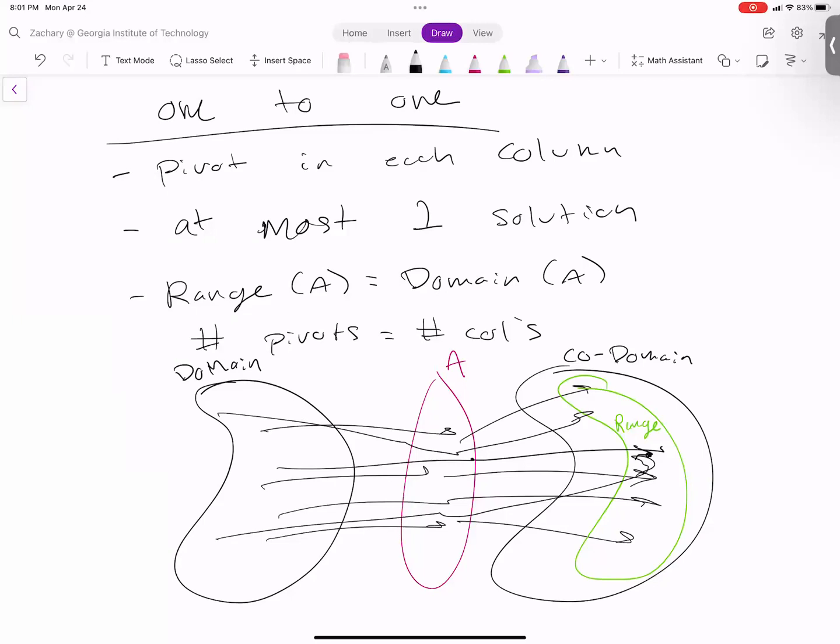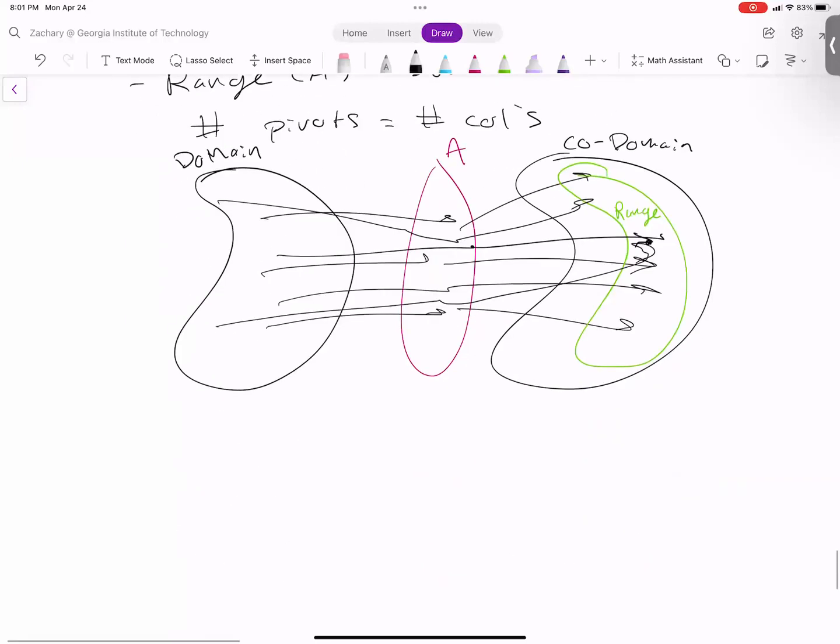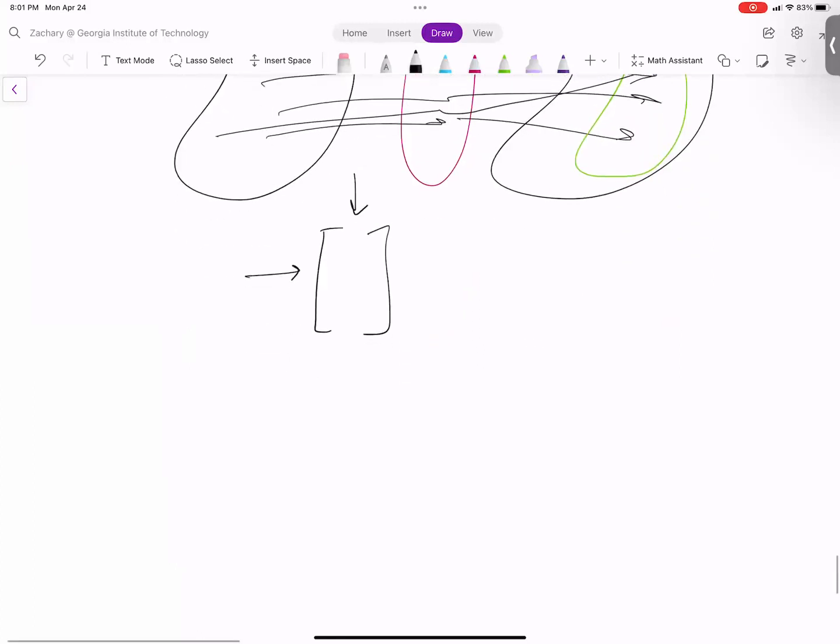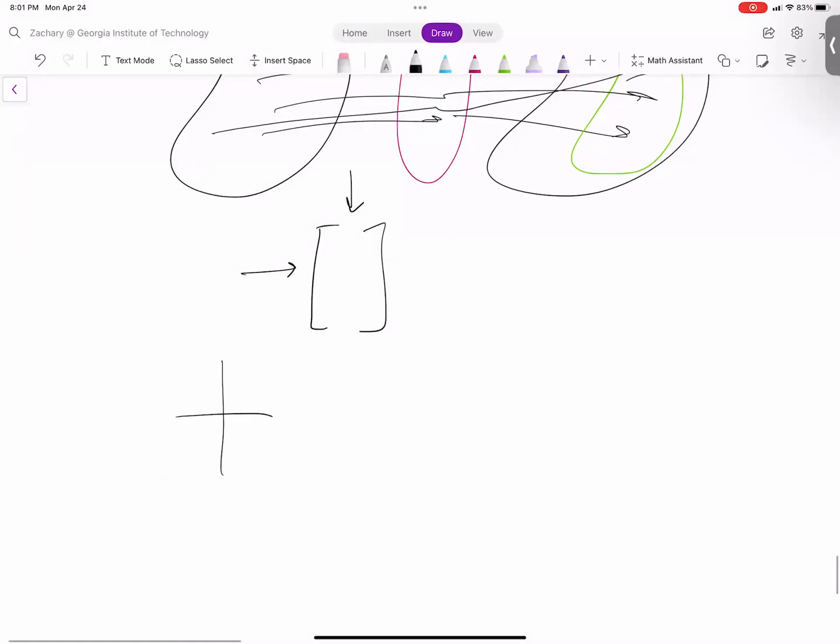Because I'm bad at drawing. Why is it bigger? This, for example, could be a matrix that looks like this, because my codomain is my number of rows, and my domain is the place I start. So maybe this is a plane, R2, and I'm ending in R3.